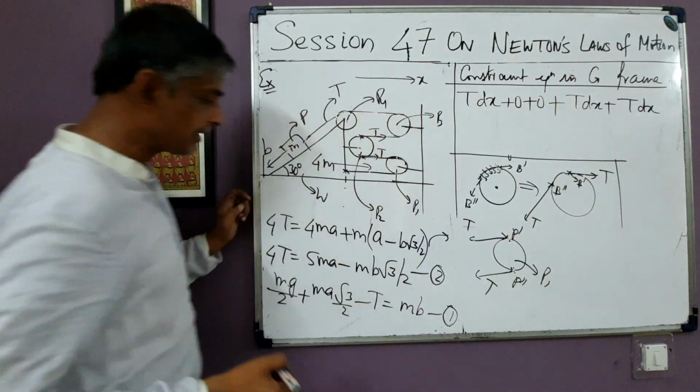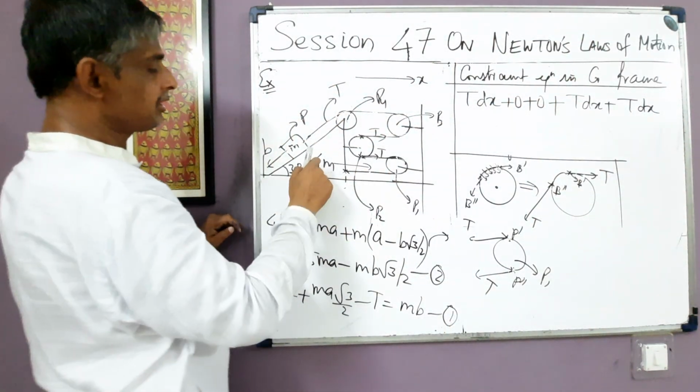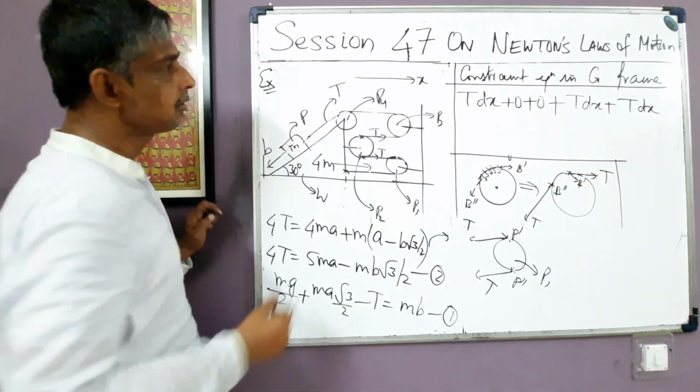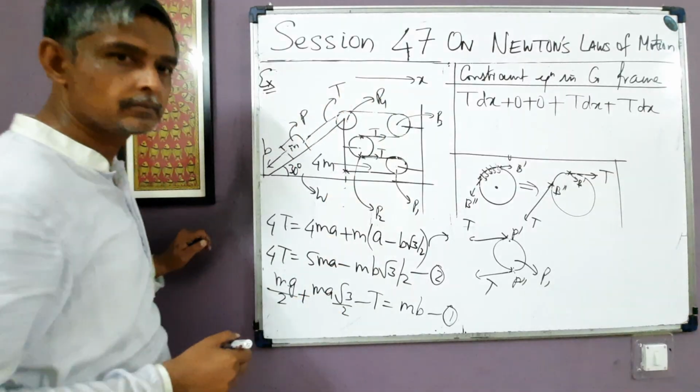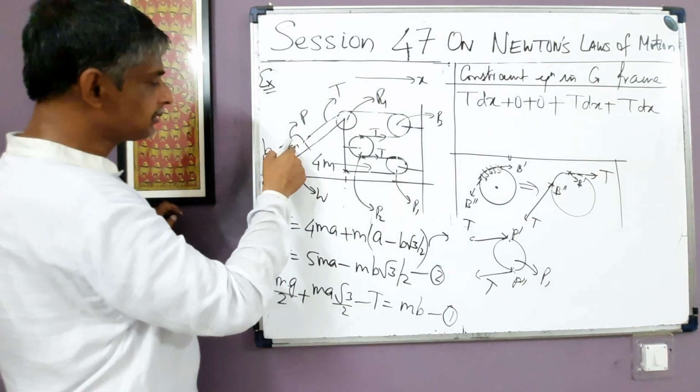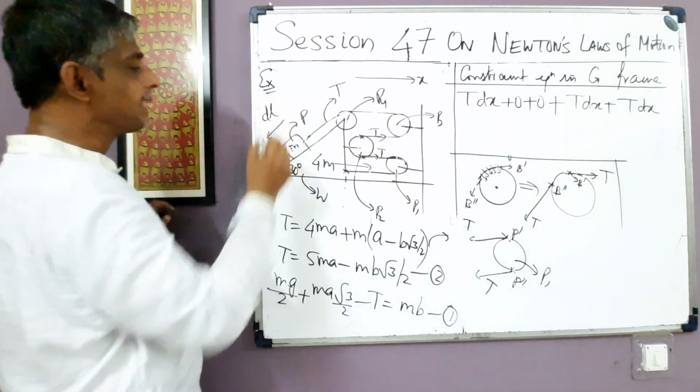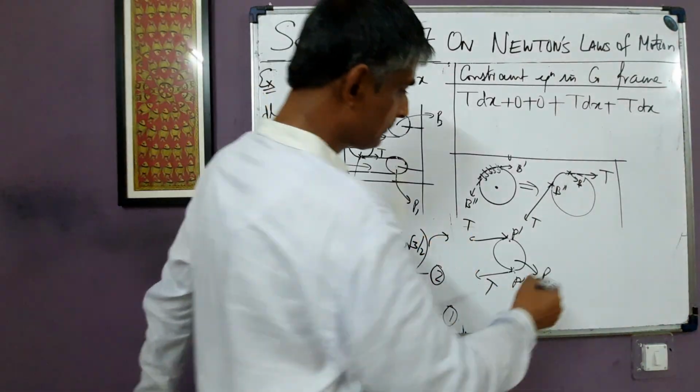But before going on, one thing I would like to explain. What is this dx? dx is the displacement of the wedge with respect to ground in time t to t plus dt. Okay. And dl is the displacement of the block with respect to the wedge in time t to t plus dt. This I would like to clarify.